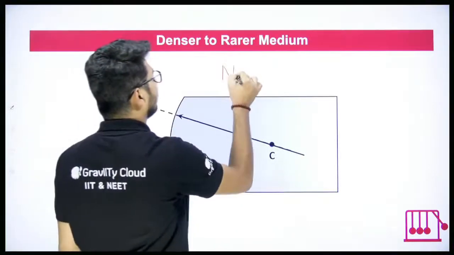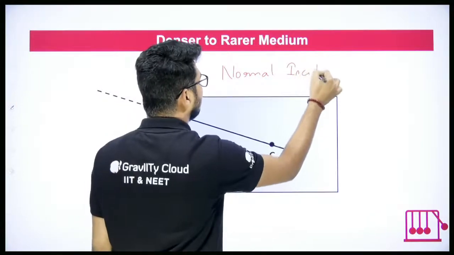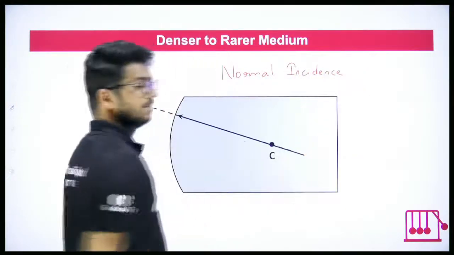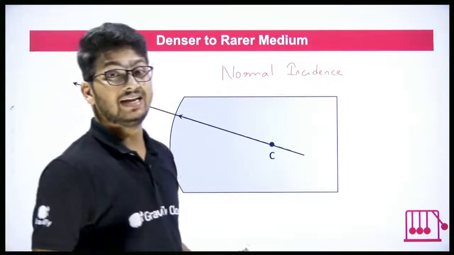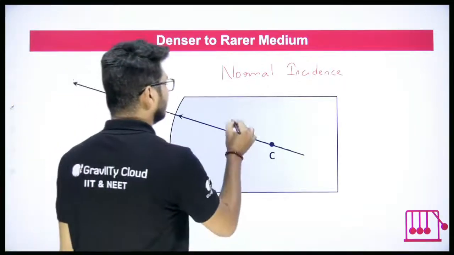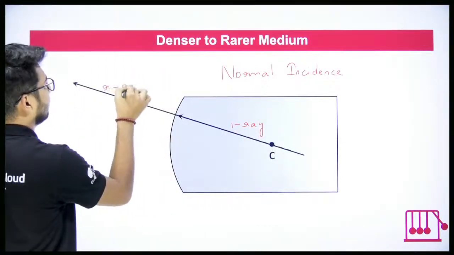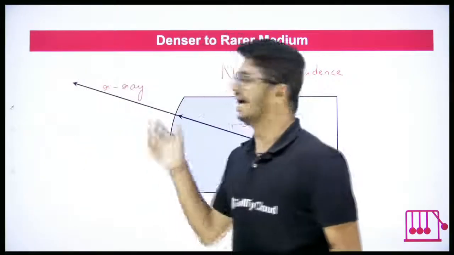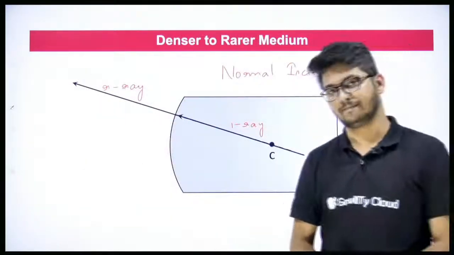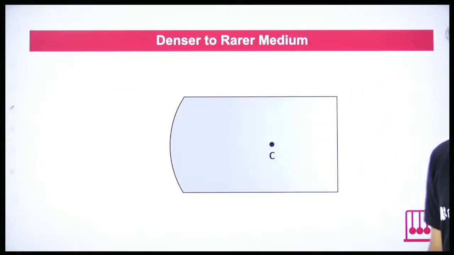It is the case of normal incidence. And in normal incidence, you need not worry about anything, because the ray directly passes through without any deviation. So this is the incident ray and this is the refracted ray. That's it. Good? Okay.